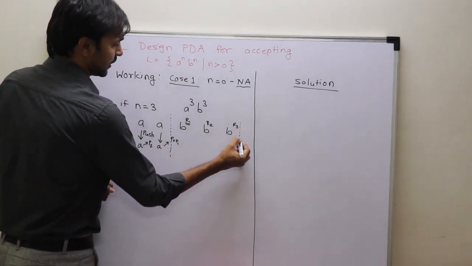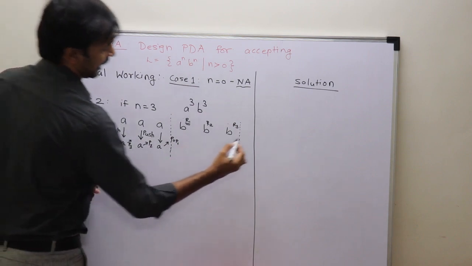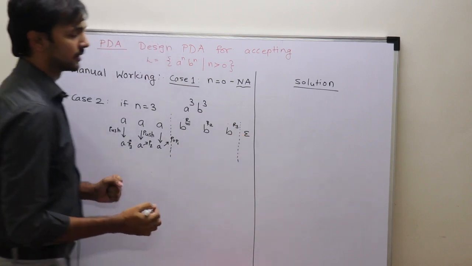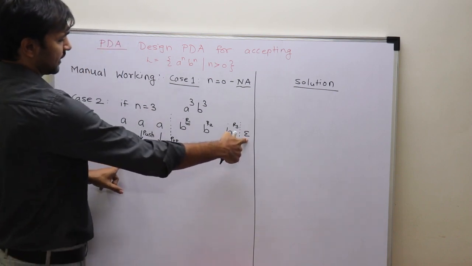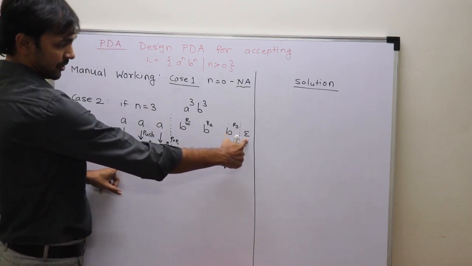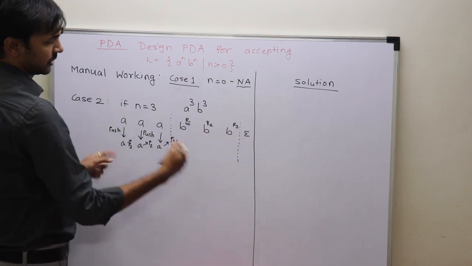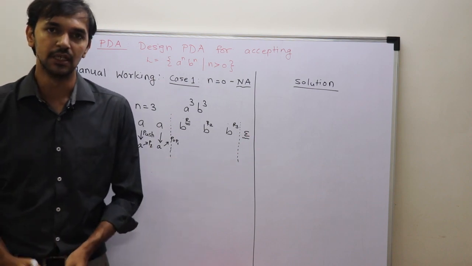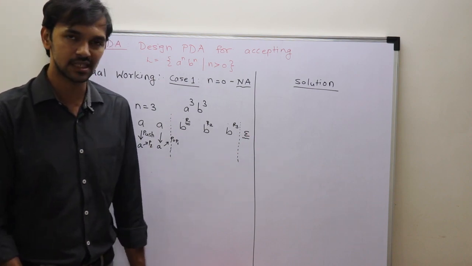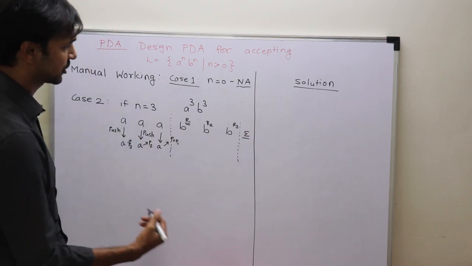Now here we reach the end of the string and we have epsilon after this. Epsilon simply indicates that there is nothing to read now, and you can understand the stack becomes empty here. So the unique condition: there is nothing to read and the stack is also empty. The moment we get this condition, we can reach a final state.